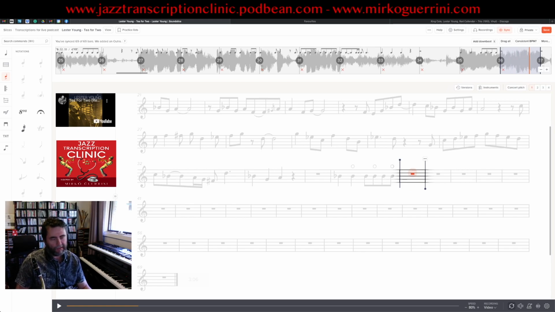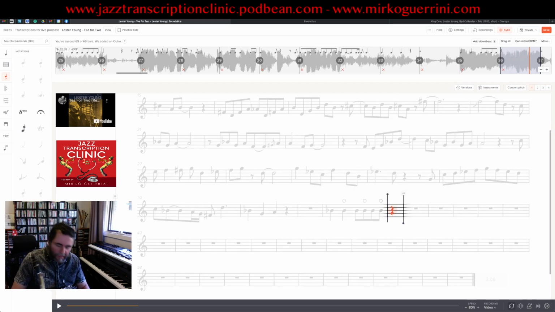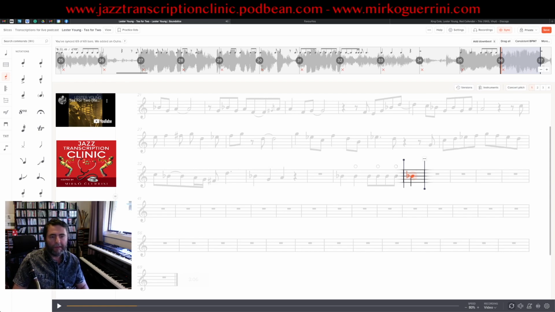So it starts with the same note where we were, do, and then goes down a minor third, do, do. So it will start on G, minor third, and this is a triplet.